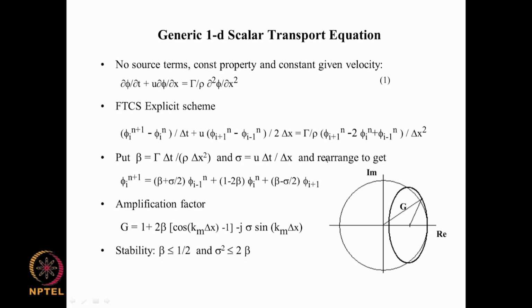If you consider just this scheme with only the advection term with 0 diffusion term, we have seen that FTCS explicit is unconditionally unstable. And similarly, if you neglect the advective component and just take the diffusive component here, and then we put dou phi by dou t equal to sigma by rho dou square phi by dou x square, we can show through von Neumann stability analysis that that scheme will be unstable for beta greater than 0.5.